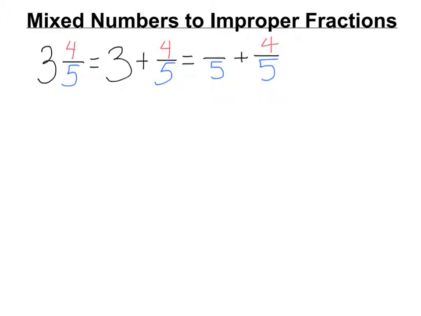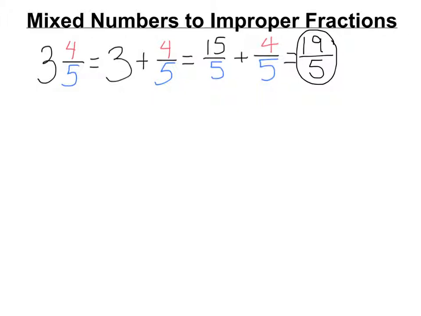Well, that would be 15. So now I'm ready to add. 15 plus 4 gives me 19 fifths. So 3 and 4/5 is 19/5.